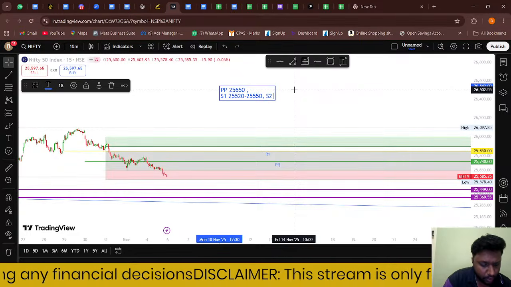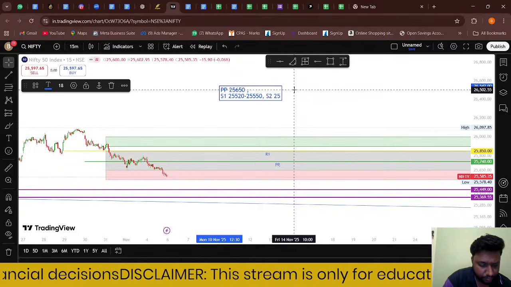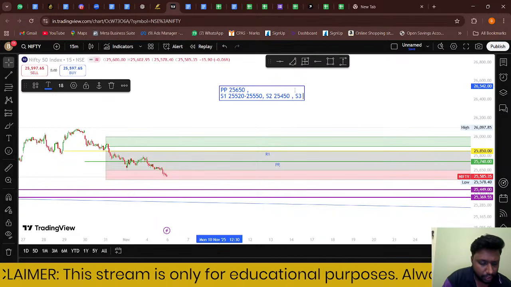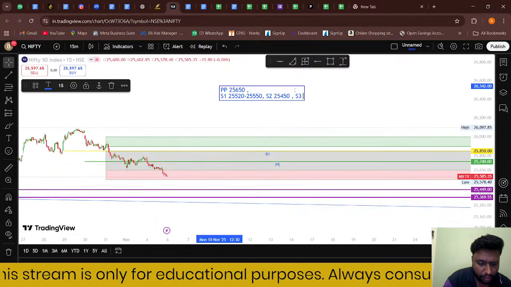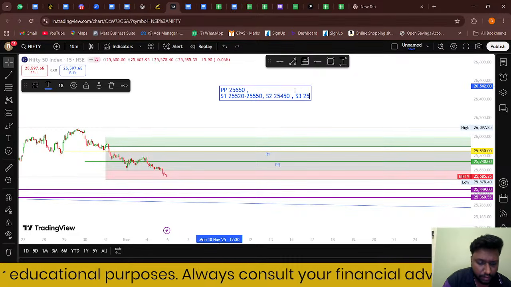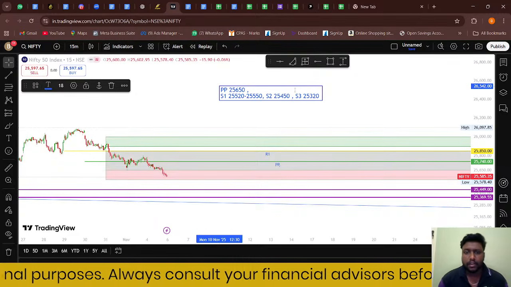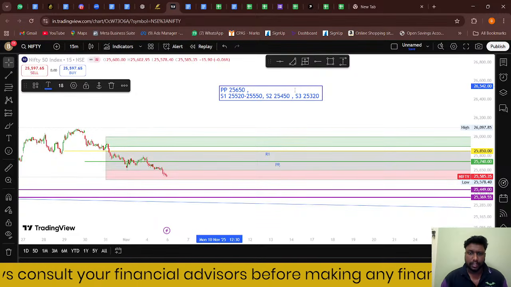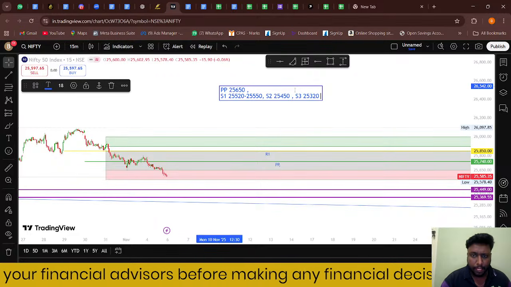Support 2 will be at 25,450, 100 points each. Support 3 will be at 25,350, actually 25,320. Let's just give that 25,320. These will be the three support zones for the day with respect to our pivot point.